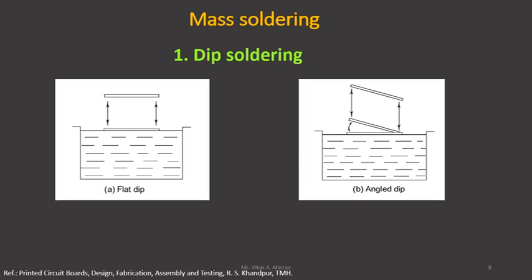Again, while taking it out, it is lifted by a certain angle, and then the PCB is moved away. In the angled dip, the excess molten solder will get automatically drained, and there is very little chance of air getting trapped between the PCB and the molten solder's surface.